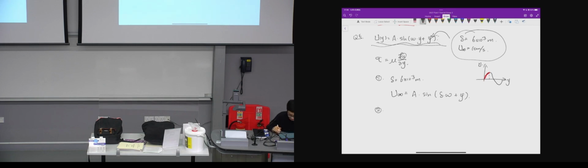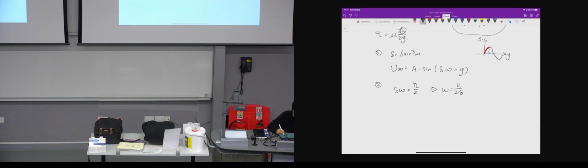So this means at y equals delta, we have sine equals to half pi, so delta times omega equals half pi. So this gives us omega equals pi over 2 times delta.